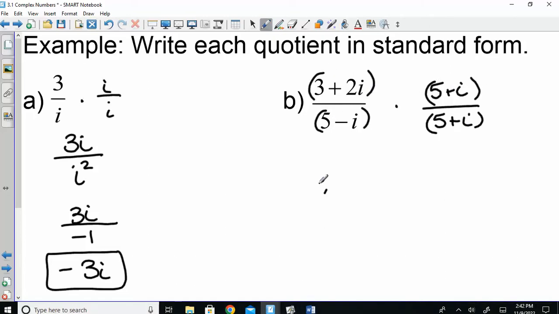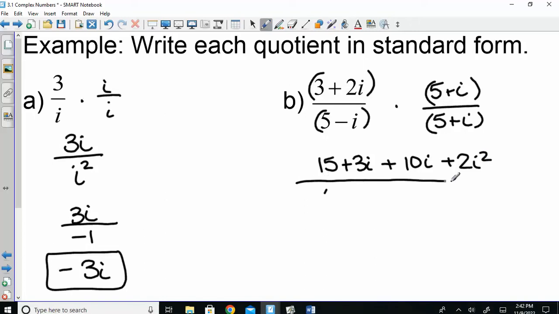On the top, we do have to FOIL, so we get 15 plus 3i plus 10i plus 2i squared.